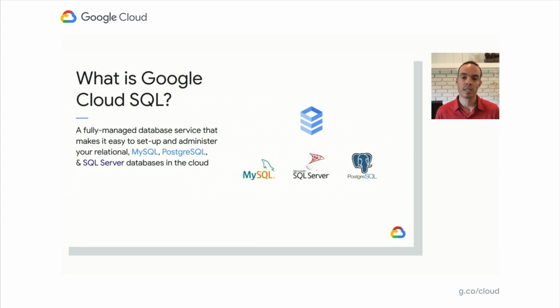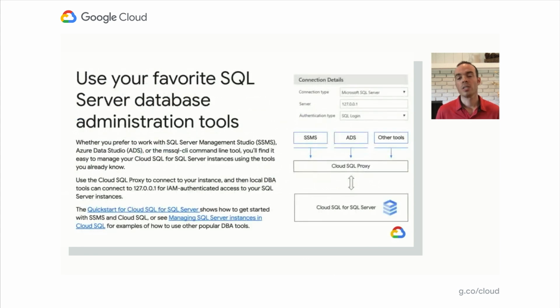Cloud SQL is a managed database service that offers MySQL, SQL Server, and PostgreSQL. This means that if you have an application that uses MySQL, SQL Server, or PostgreSQL, it will work with Cloud SQL. Cloud SQL focuses on managing mundane administration aspects of these databases, and I'll talk about that a little bit more. Beyond just application compatibility, it means that Cloud SQL is compatible with your favorite database administration tools.